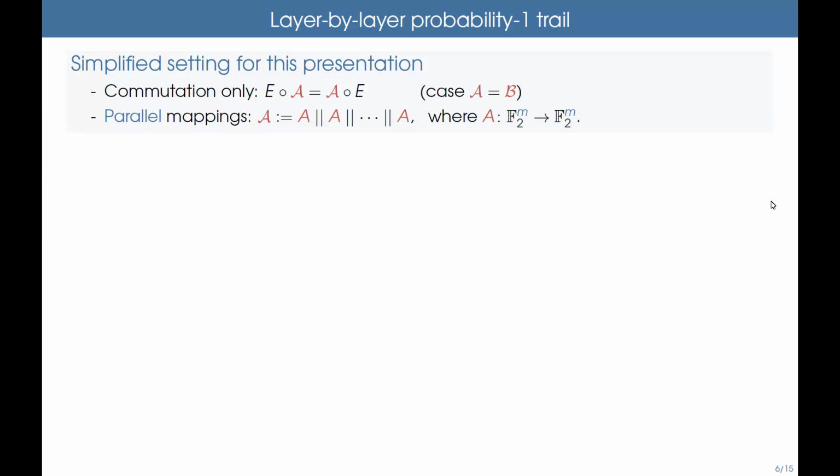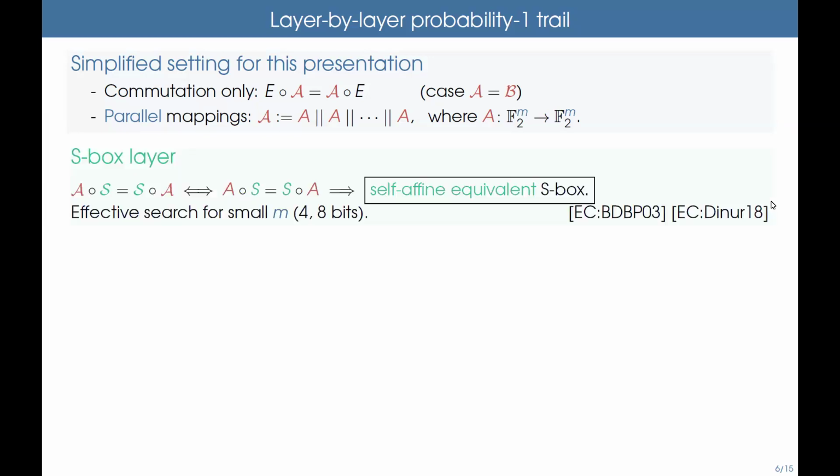So speaking of S-box layer, this is the first layer we encounter in an SPN. If you want to build an affine mapping which commutes with your S-box layer, because we used a parallel mapping, actually we can just focus on the S-box level, and we need to find an affine commutant for our S-box.